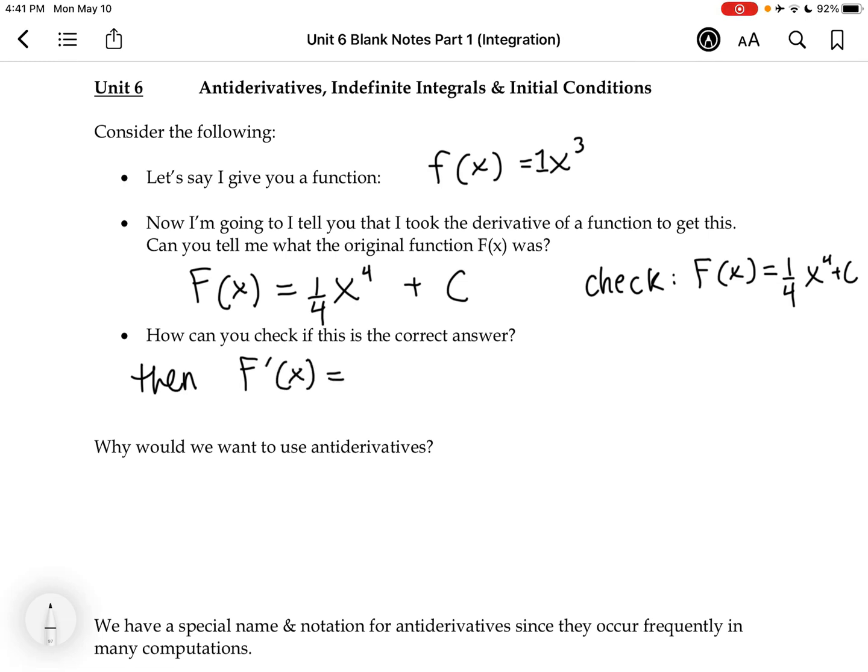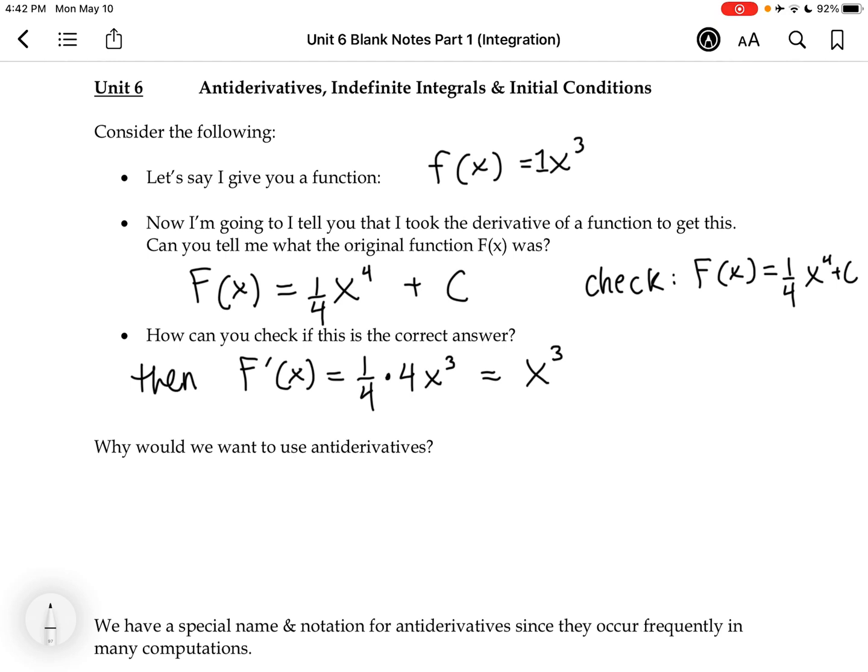Well, it would be 1/4 times, I'd have to take the exponent and multiply by that, so that's 4, and then decrease the exponent by 1. And then the plus c would just disappear, because remember the c is a constant. Let's say it was plus 5, the derivative of 5 is 0. Now when we simplify this, 1/4 times 4 is 1, so this just becomes x cubed.